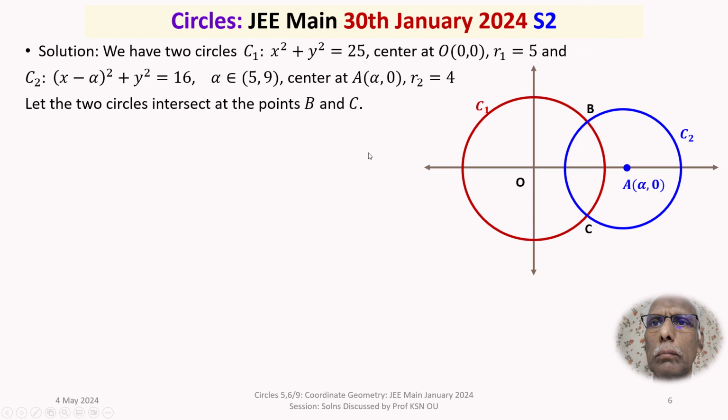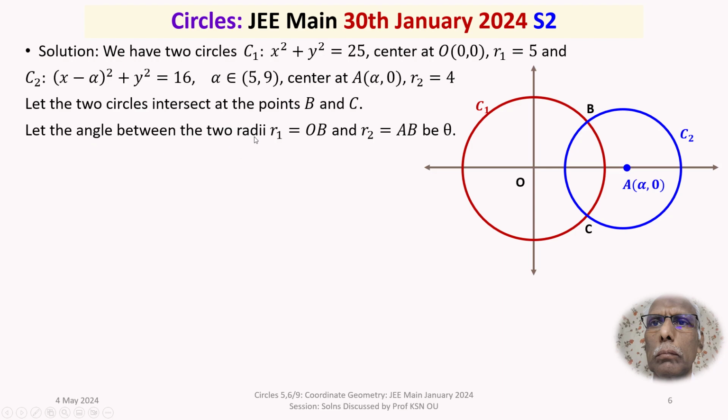Let the angle between the 2 radii, R1 which is OB, and R2 which is AB, be theta. That is given.